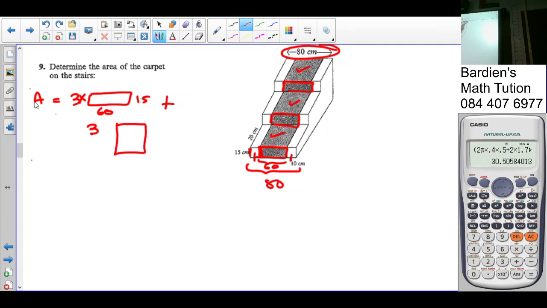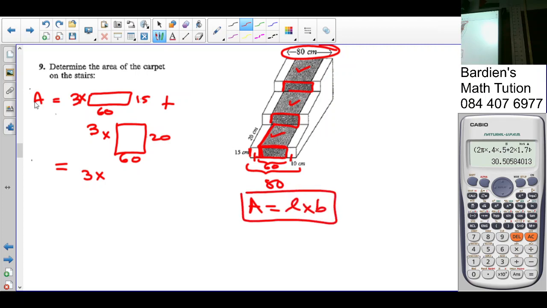And the measurement of this rectangle is going to be, this length is 20. And going across here is 60. Any confusion? So what do we have? It's 3 times the area of a rectangle, length times breadth.